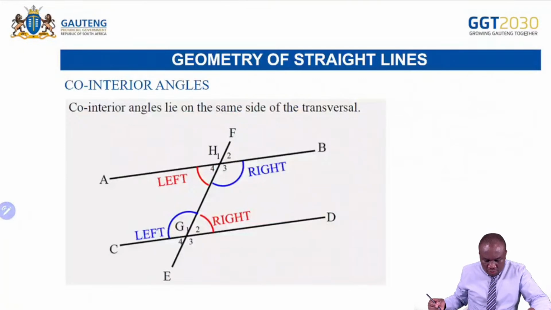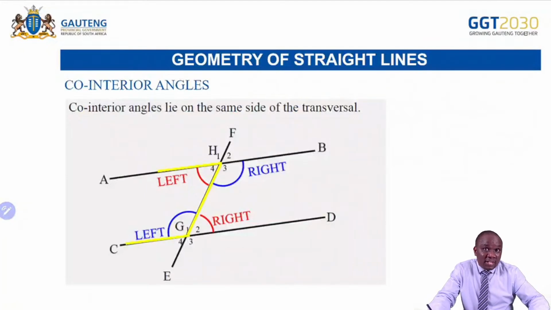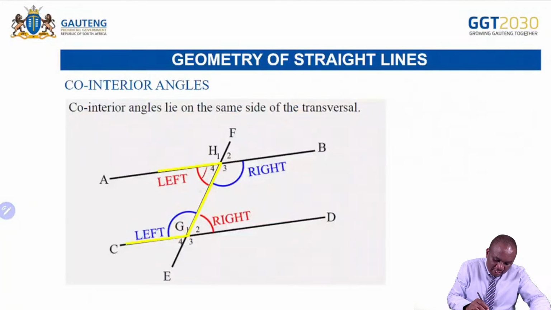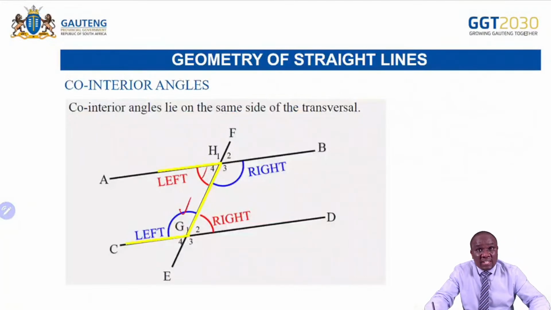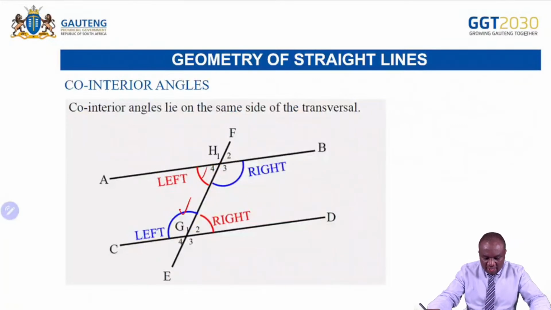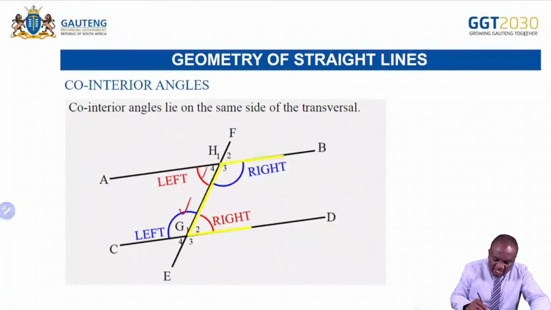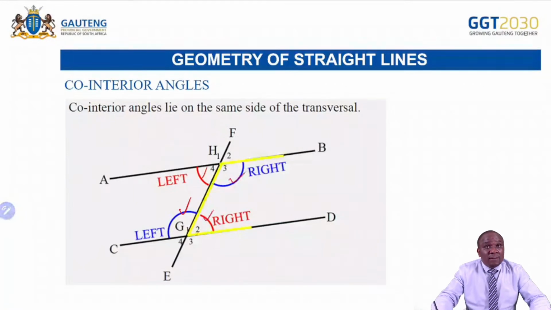So which ones are the co-interior angles? Remember, we use the U or the C. So we have here H4 and G1. These are co-interior angles. If you add this angle and this angle, we must get 180 degrees. And then we also have these two. If we add this angle and this angle, we have 180 degrees.